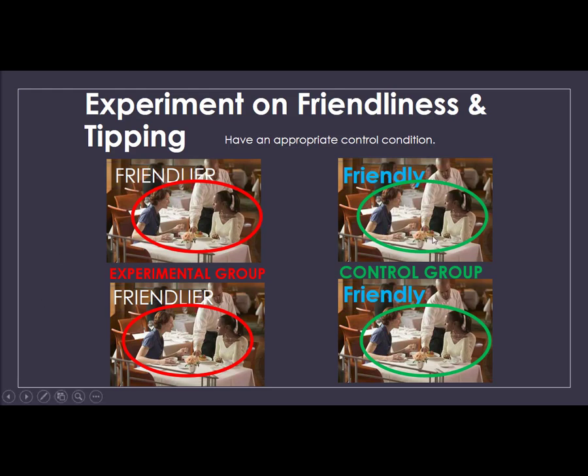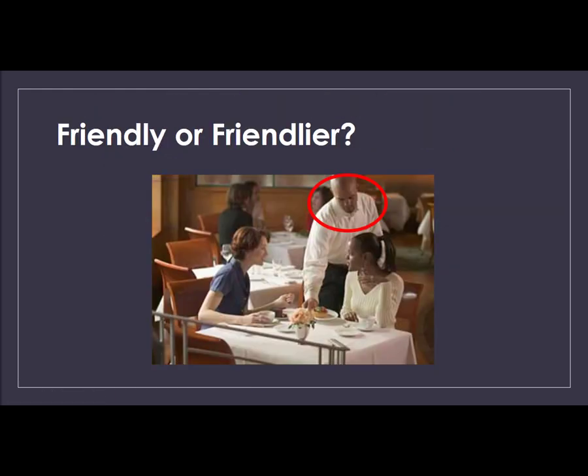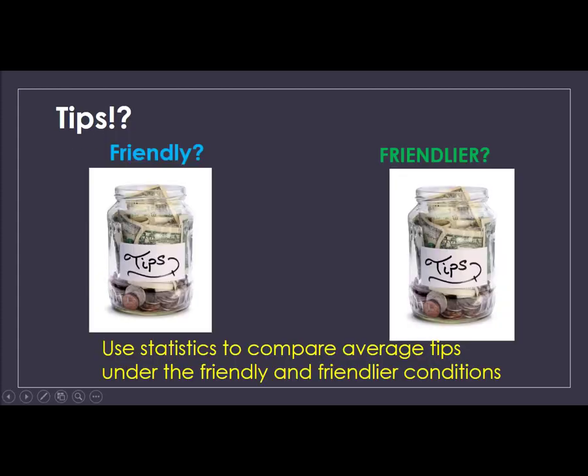Here, they're still being nice, still being polite, still doing their job really well, but not as friendly. In addition, we can monitor the waiter's behavior to make sure it's the same for both. So by having the different tables and treating them a little bit differently, we can then compare the tips.